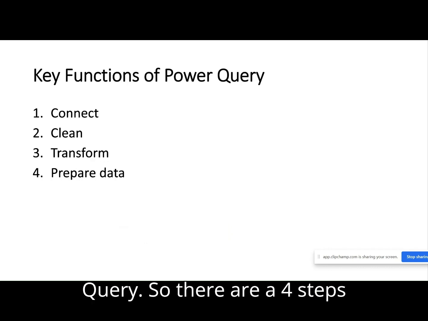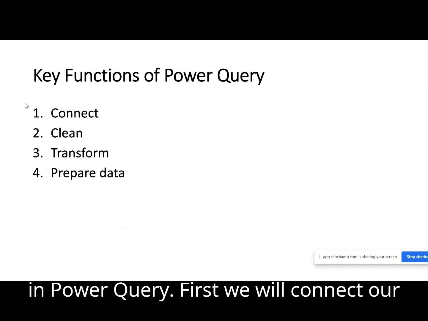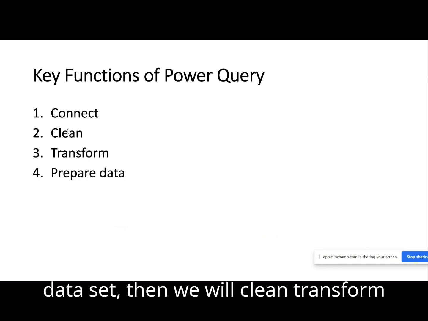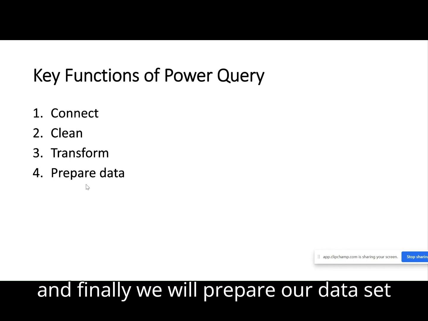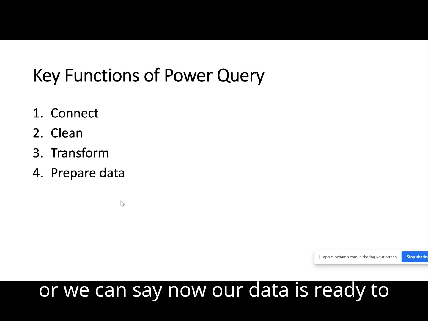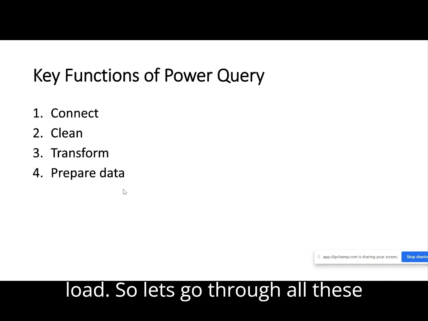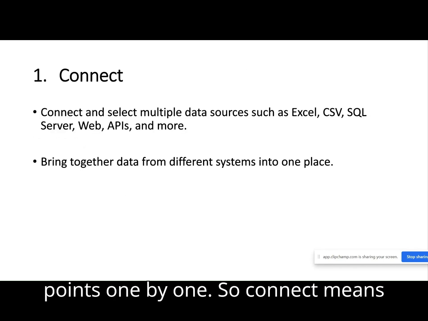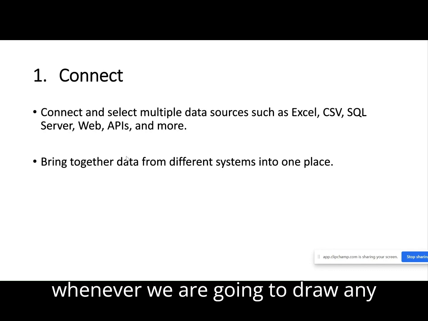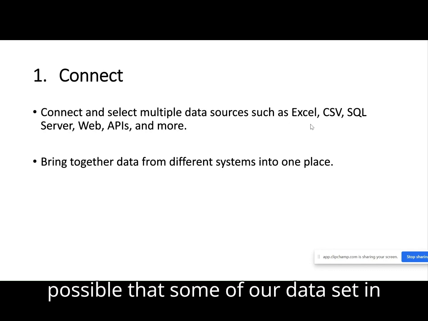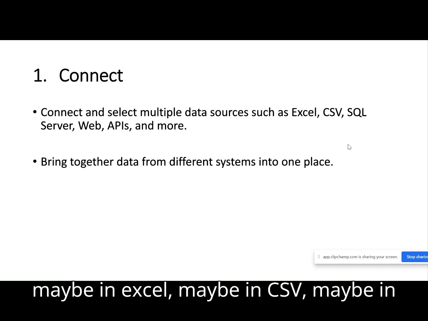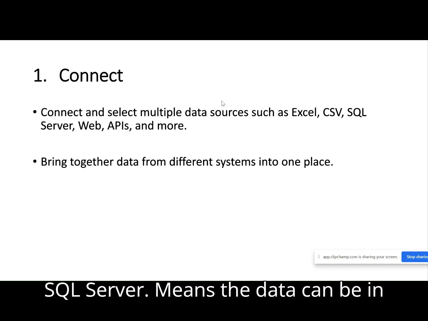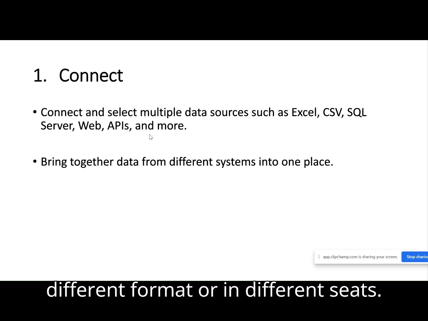So there are four steps in Power Query. First, we connect our data set, then we clean, transform, and finally prepare it, so our data is ready to load. Let's go through these points one by one. Connect means that whenever we draw a visualization, our data may be in Excel, CSV, or SQL Server, meaning in different formats or different sheets.